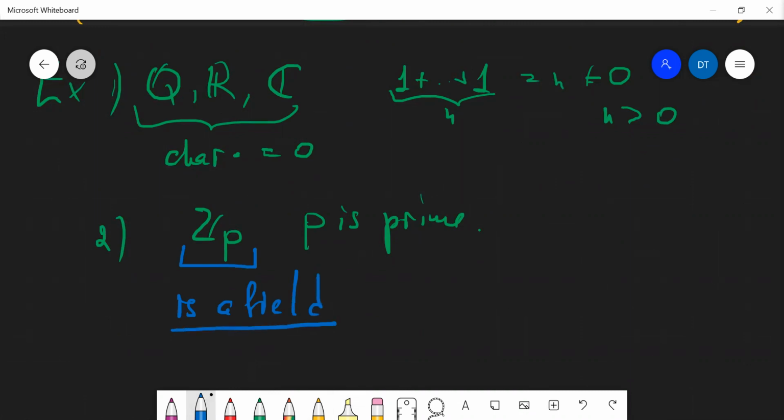And this is an example of a field with finite characteristic, because if you add 1 p times, you will get 0, just by the definition of the addition in this field. So these are examples of the characteristic of a field.